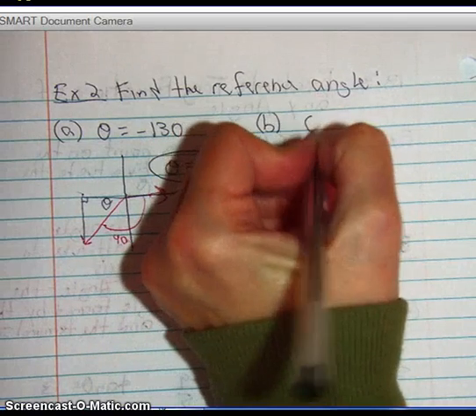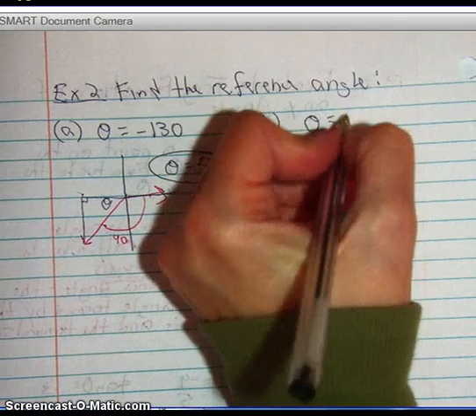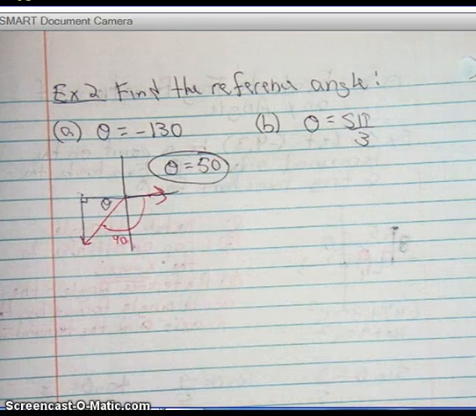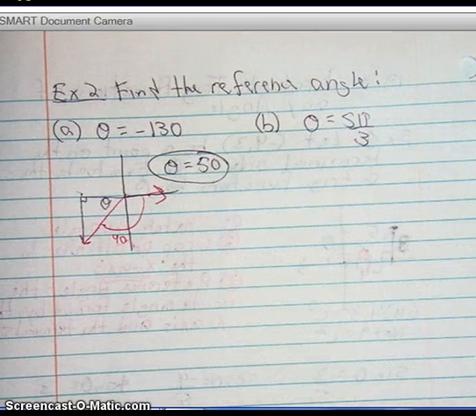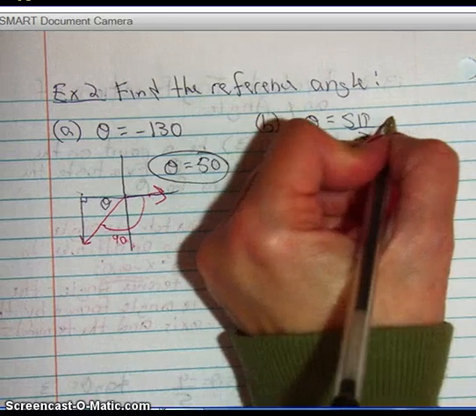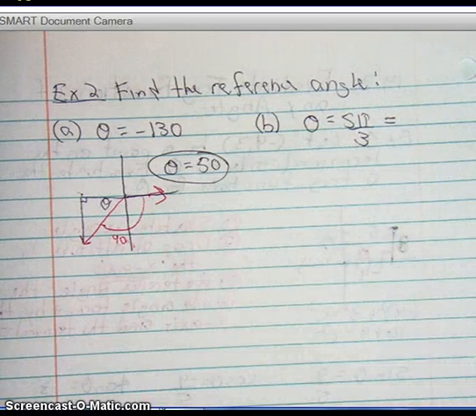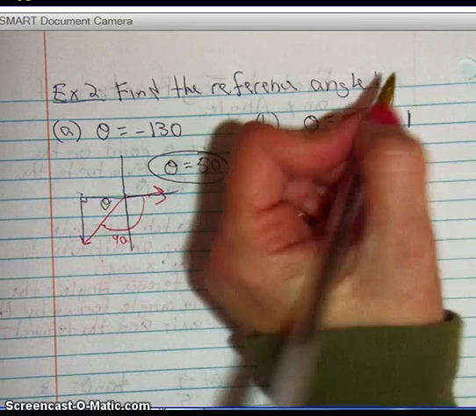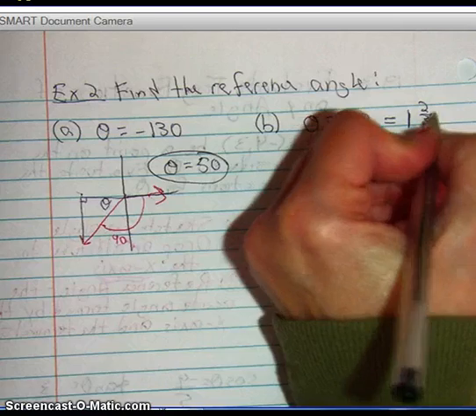Letter B, theta, 5 pi over 3. Now it'd be great if we could do this without converting it to degrees, please. Please, please. 5 divided by 3 goes how many times? Once. And how many thirds left over? 2 thirds.